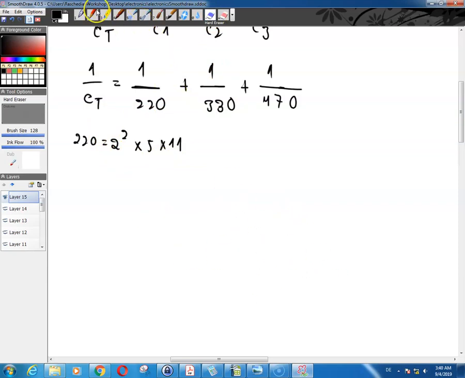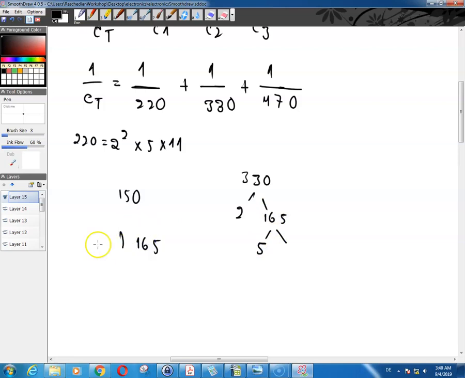For example, 330 is 2 times 165, and that is 5 times 33, and 33 is 3 times 11.